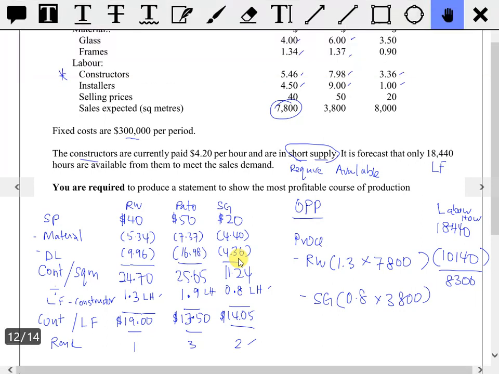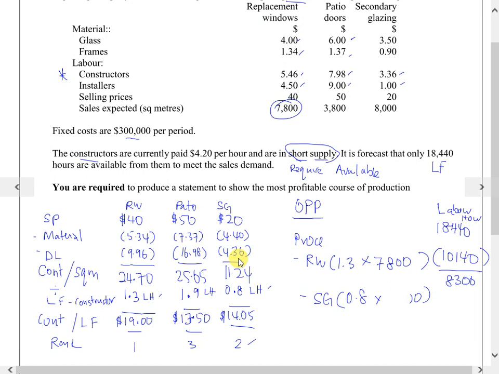Oh, yeah. 8,000 units. 6,004. 1,009. 1.9. 3,008.